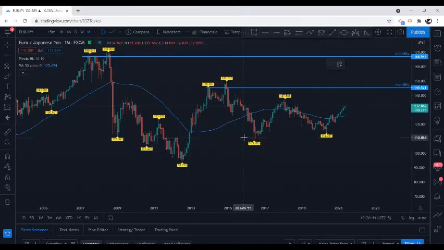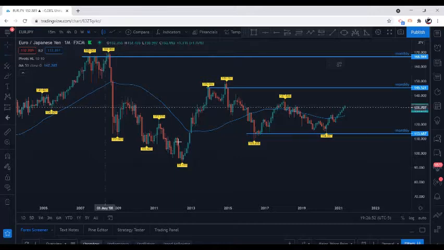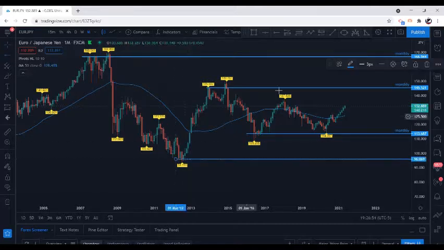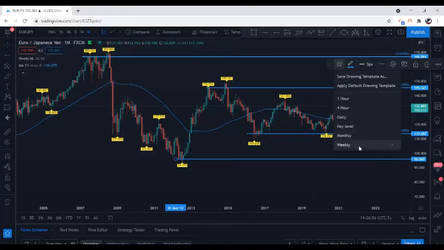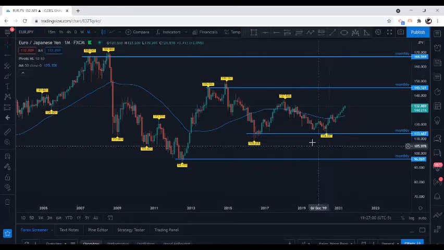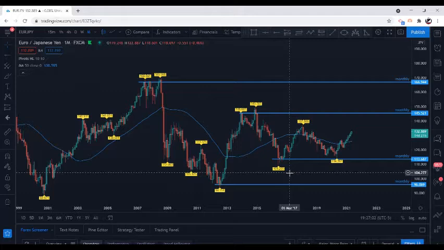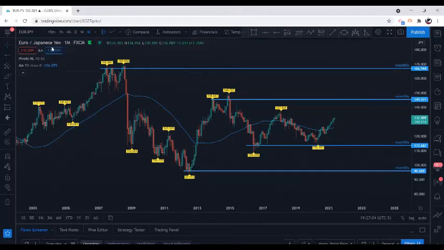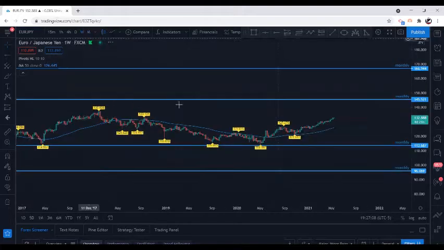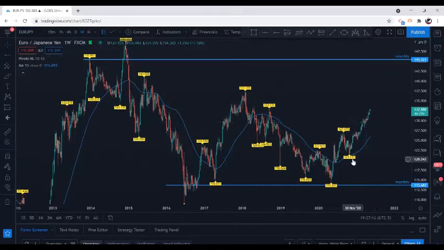So we can take these levels into consideration for potential turning points in the future. Right here I'm just going to quickly analyze all of these monthly levels where we can get some price change or some reaction, as in the past.